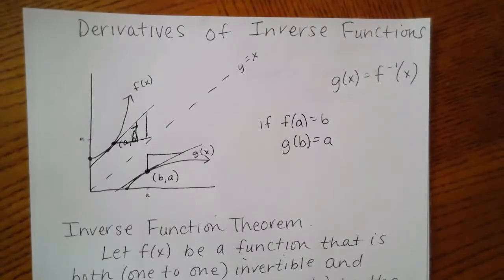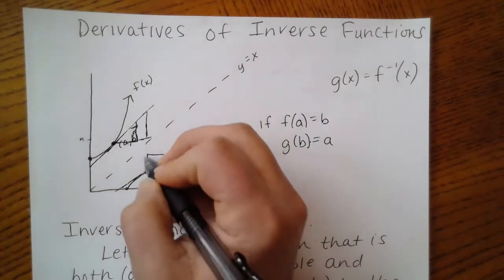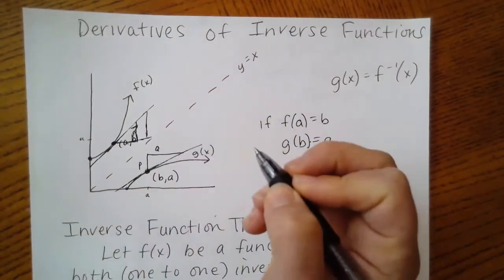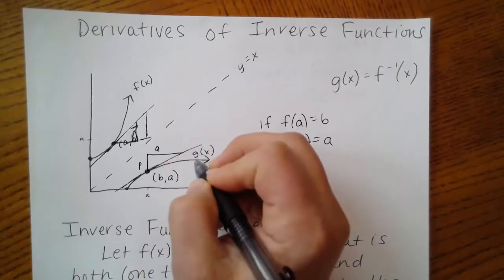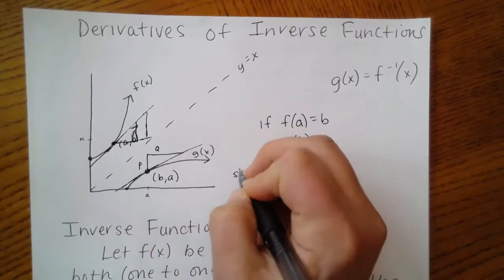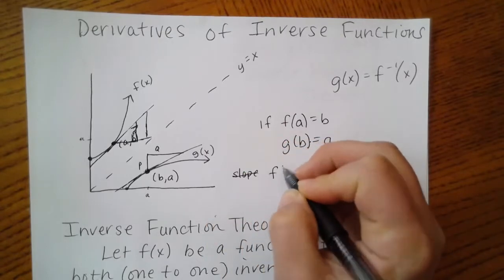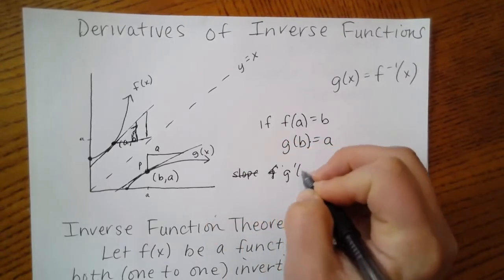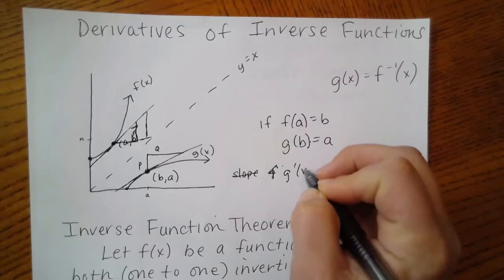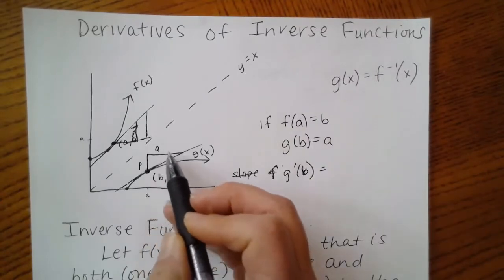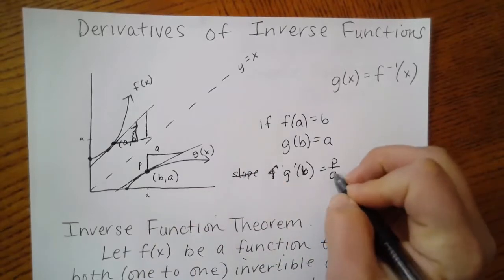Essentially what I'm trying to show you, even though my drawing is off, is that if this were P and this were Q of my slope, then the derivative g prime of b would be rise over run, so it would be P over Q, okay?